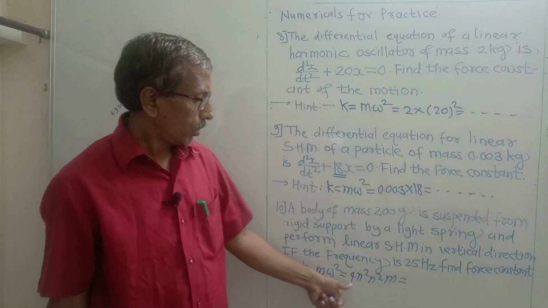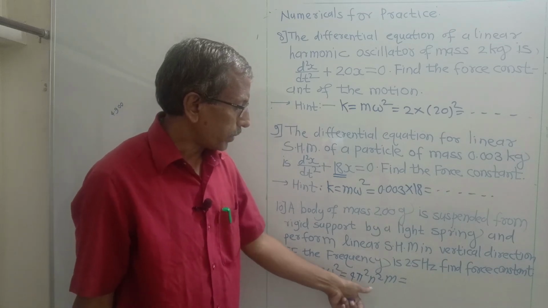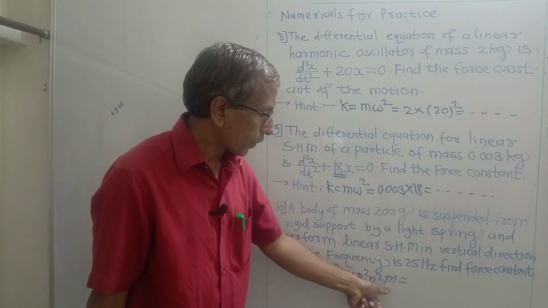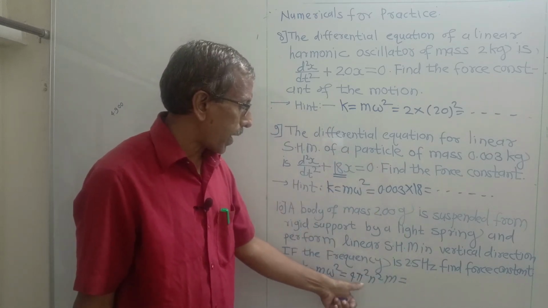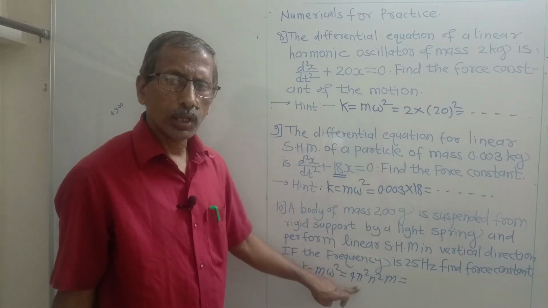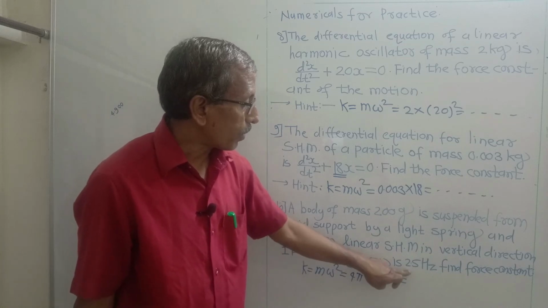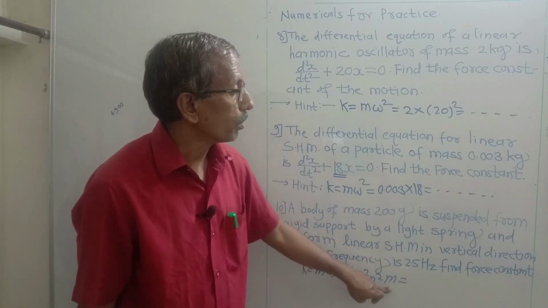Substitute the values of pi, n and m and solve. So 4 into 3.142 square into 2.5 square into mass.